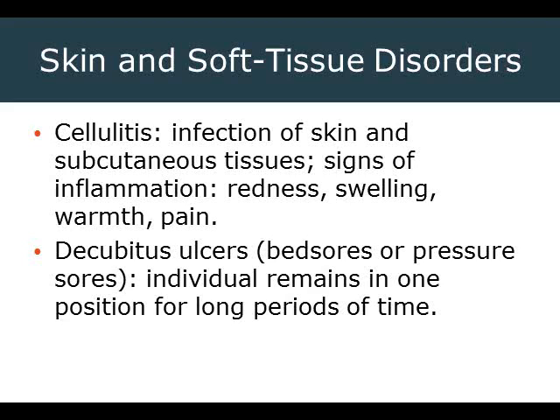Cellulitis is an infection of the skin and the subcutaneous layers. It causes redness, swelling, warmth, and pain. In many cases, people who develop cellulitis probably have decreased circulation. They might have some neuropathies where they don't tend to feel pain as much. It probably crops up most commonly in, say, diabetics or people that are very overweight.